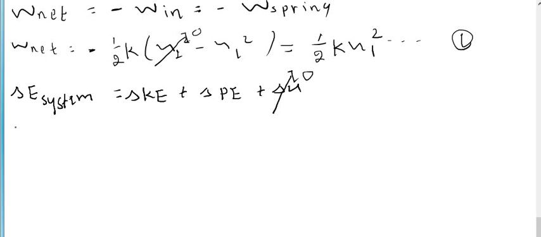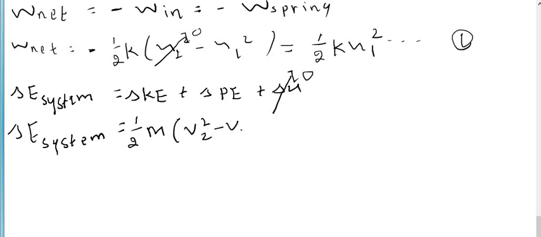So the change in energy of the system is equal to the change in kinetic energy, that is a half m, the mass of the ball, into v2 squared minus v1 squared, plus mg into z2 minus z1.